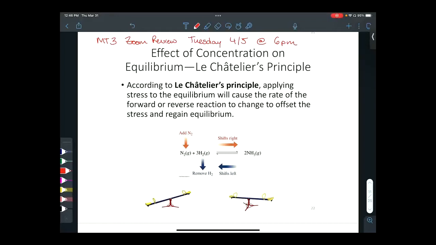I like to think about it as a seesaw. If you push the reaction one way to one side, in order to counterbalance it, it's going to respond in the opposite direction in order to get back to equilibrium conditions.